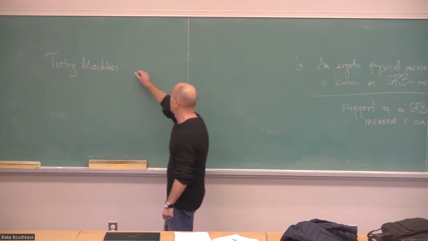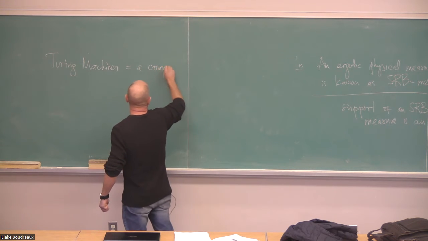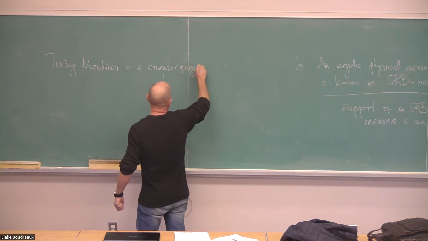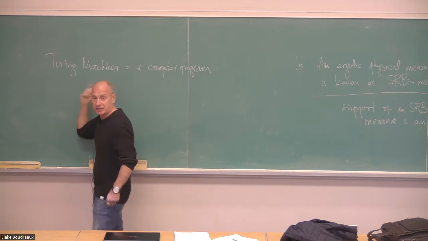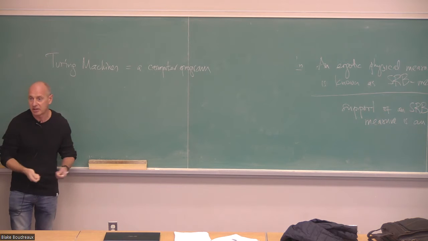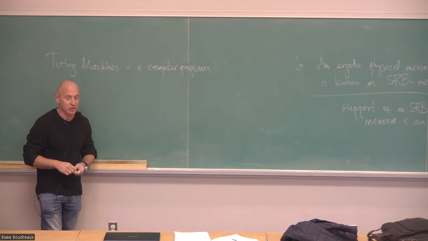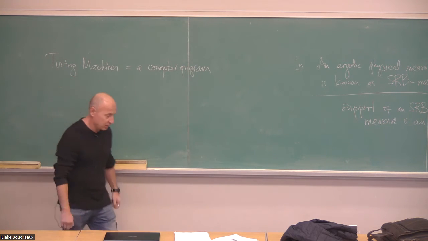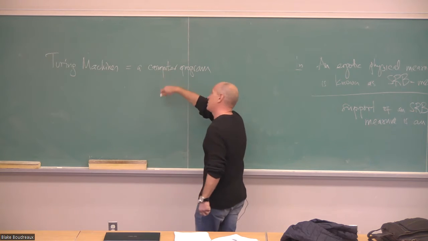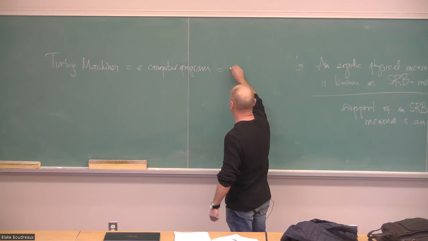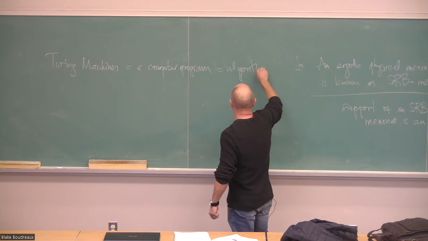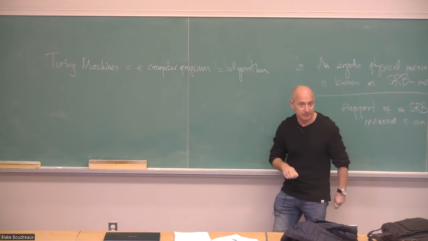So this is just a computer program, in the sense that the computational power of this is the same as the computational power of a program written, I don't know, in Python. The only thing is when we're talking about computations using Turing machines or a program in Python, at least for the duration of this talk, we don't limit the resources that they need. So if the program needs more memory, you just throw it in. And I will interchangeably use the words Turing machine, program, algorithm. They all mean the same.